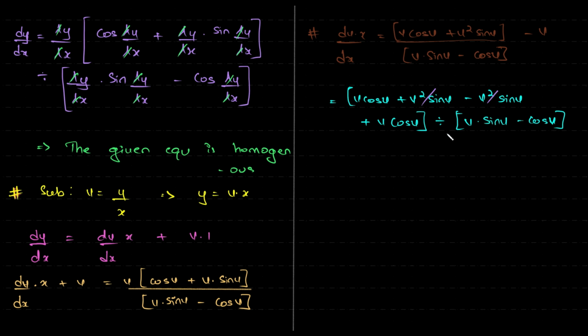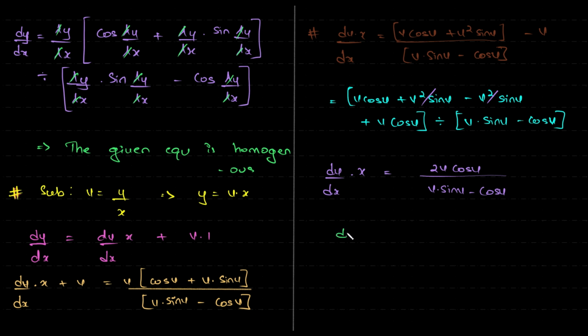Now these two getting cancelled, that's good. So dv by dx into x is equal to 2v cos of v, entire expression divided with v sin v minus cos v. Okay, so we are almost there.